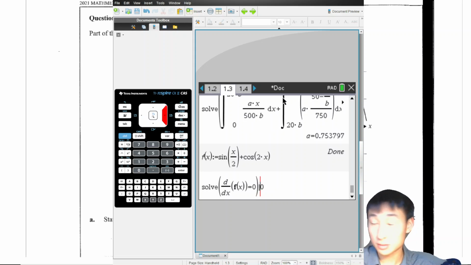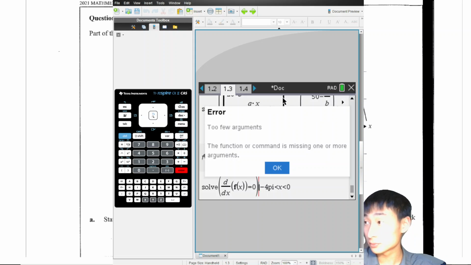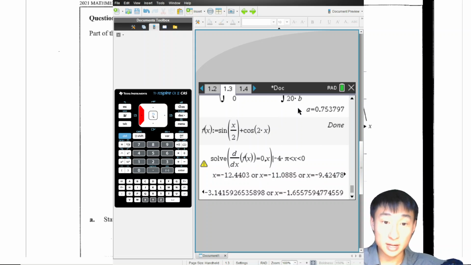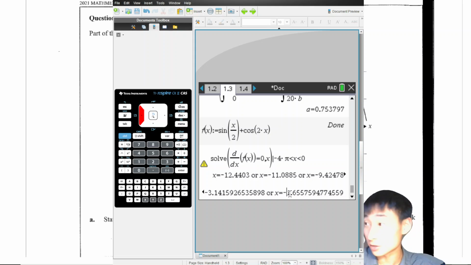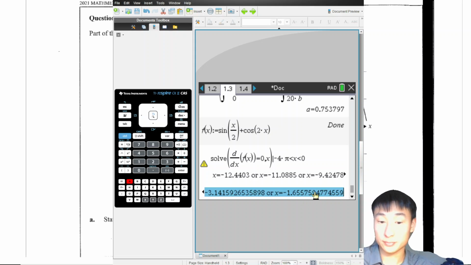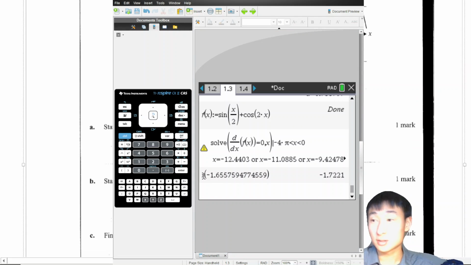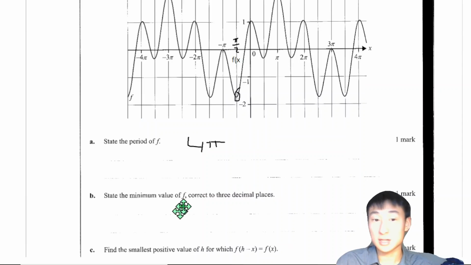Negative 4 pi to 0. So it has to be that very last one, which is 1.6, which looks about right because it's just more than pi, which is what it looks like on that graph. So I'm just going to copy it, and then f of that. Is it the exact value? Okay, so you don't have to give the exact value.